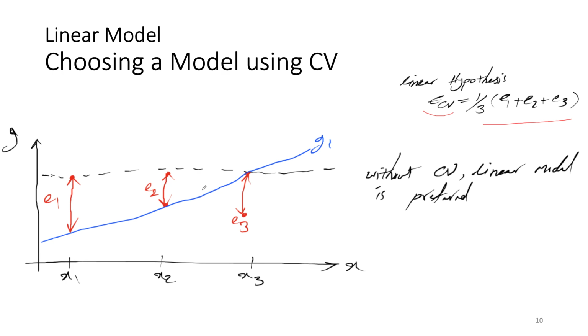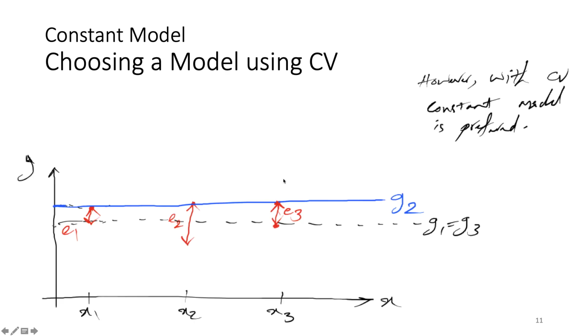So without doing the cross-validation, we might have thought it's a linear hypothesis. In the previous chapter, we talked about this; we might even have picked the linear model if we were just using the better fit. However, if you use cross-validation, suppose another case here, you have a G2 as a constant hypothesis.